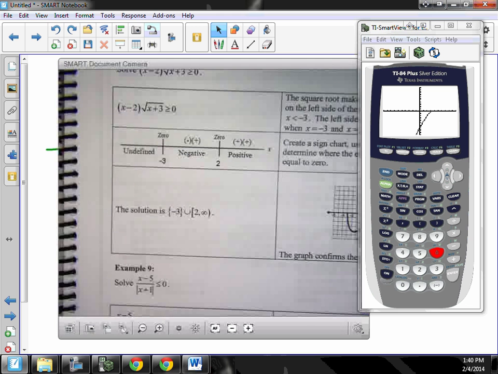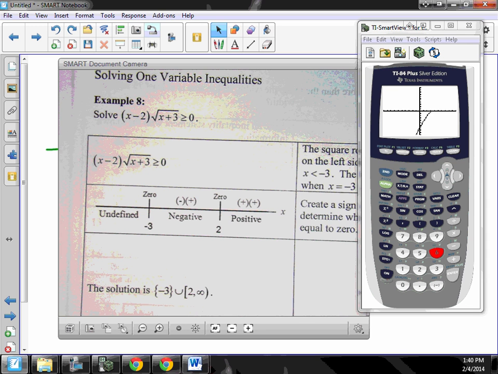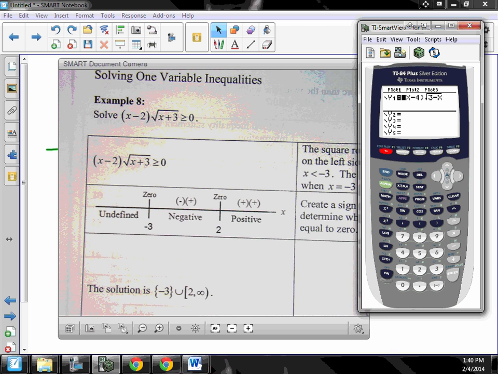Assignment's in the book. Okay, that function right there. So x minus 2, and then x plus 3.